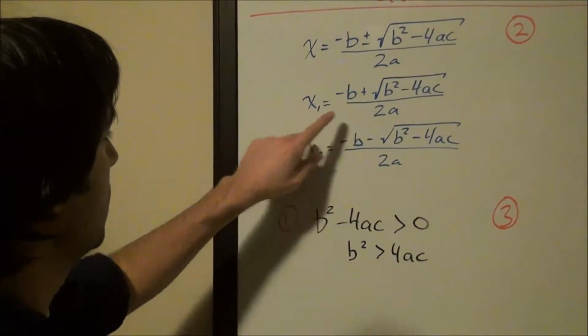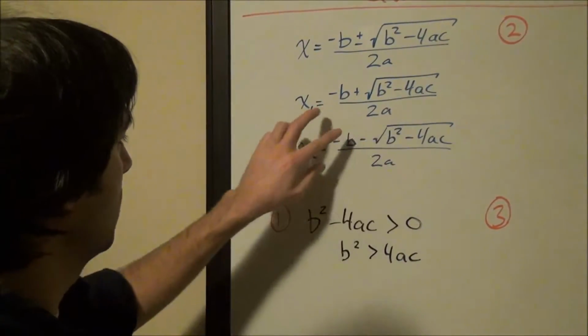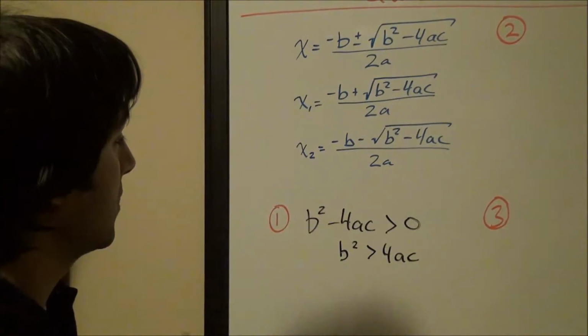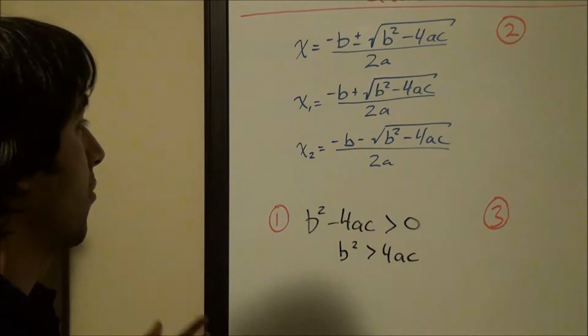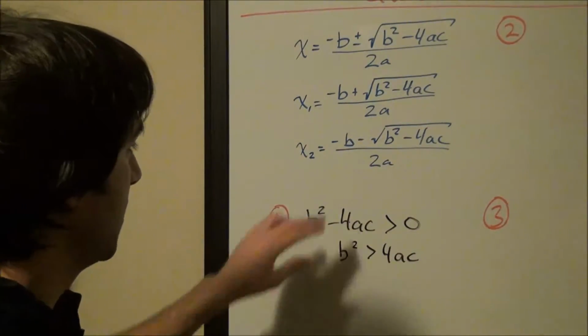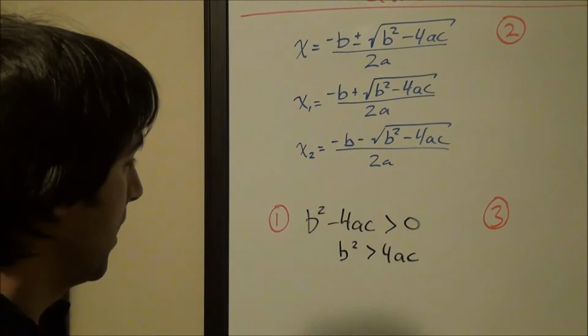So that means that when you add your positive number to negative b and then divide by 2a, it will give you a solution that is different from when you subtract the positive number from negative b and then divide the entire thing by 2a.